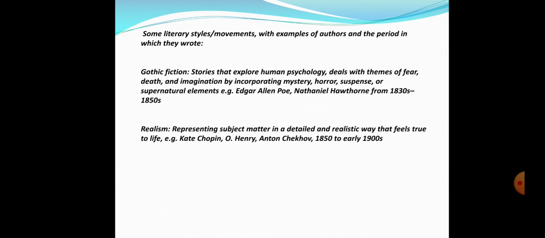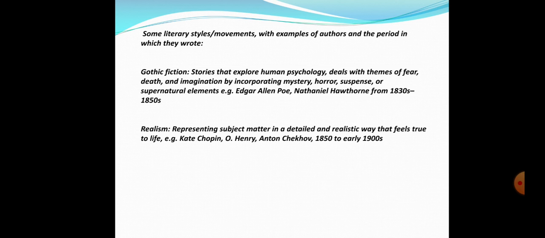Next, I would like to tell you about some literary styles or movements with examples of authors and the period in which they wrote. Number one is Gothic fiction. These stories explore human psychology.